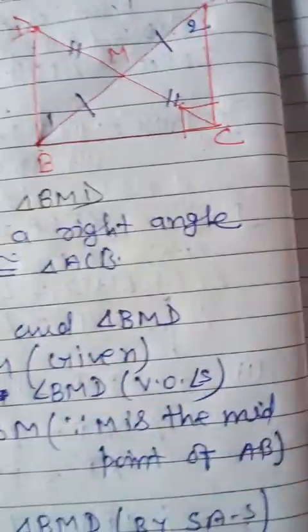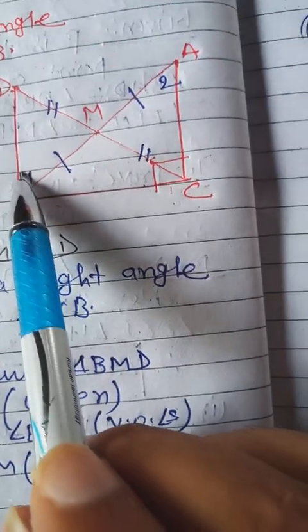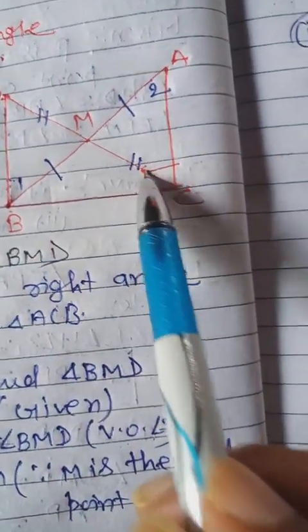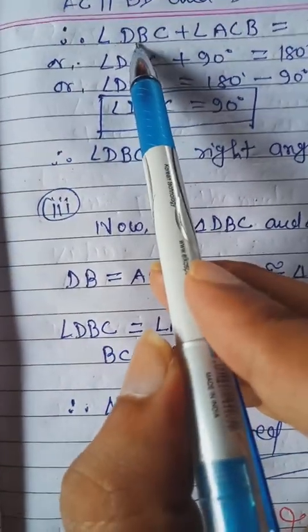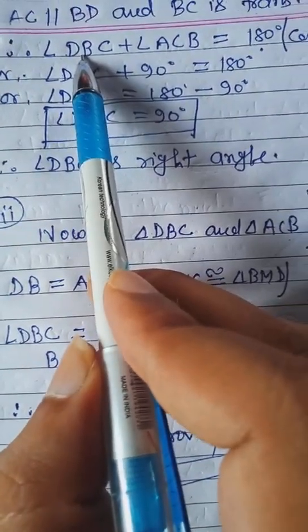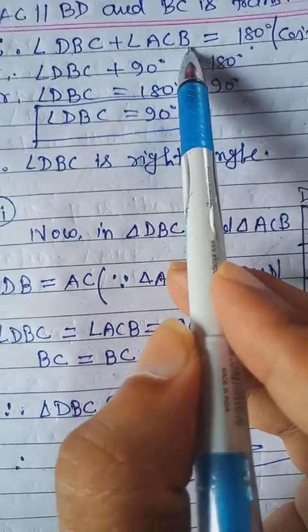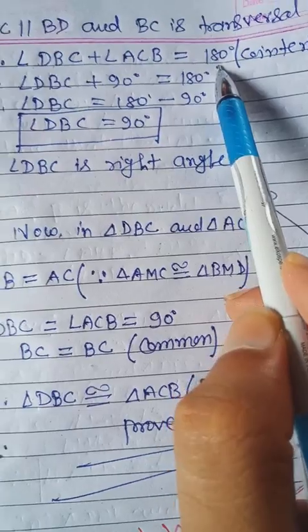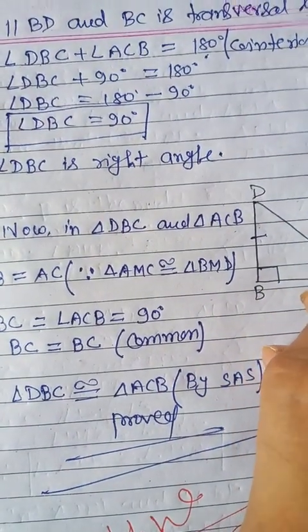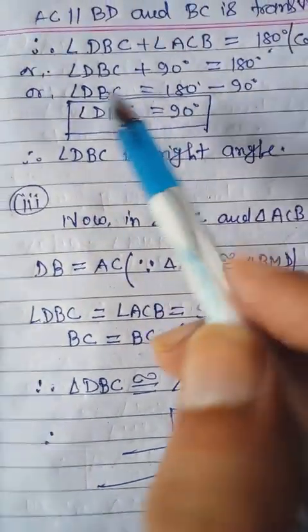That's why the sum of these two angles is 180 degrees. That means angle DBC plus angle ACB is equal to 180 degrees by the co-interior angles property of parallel lines.